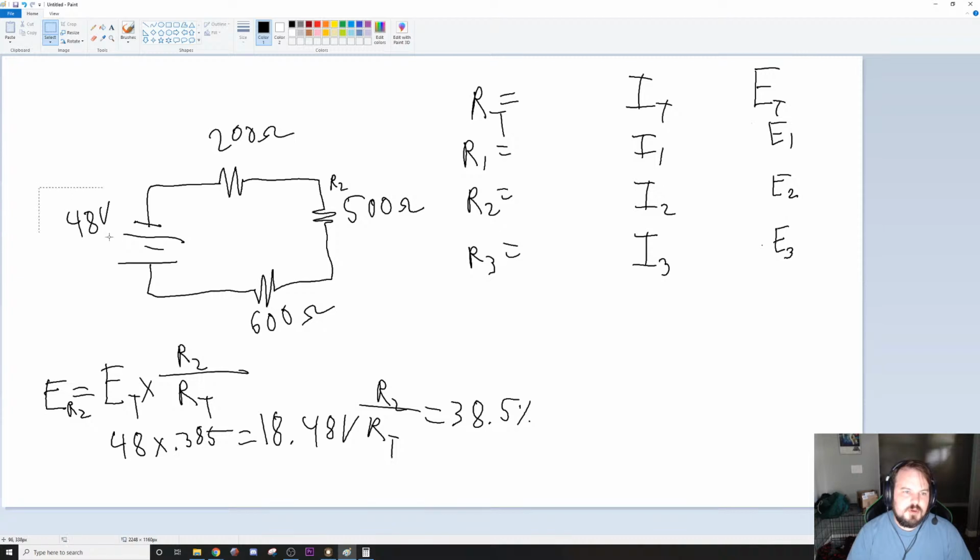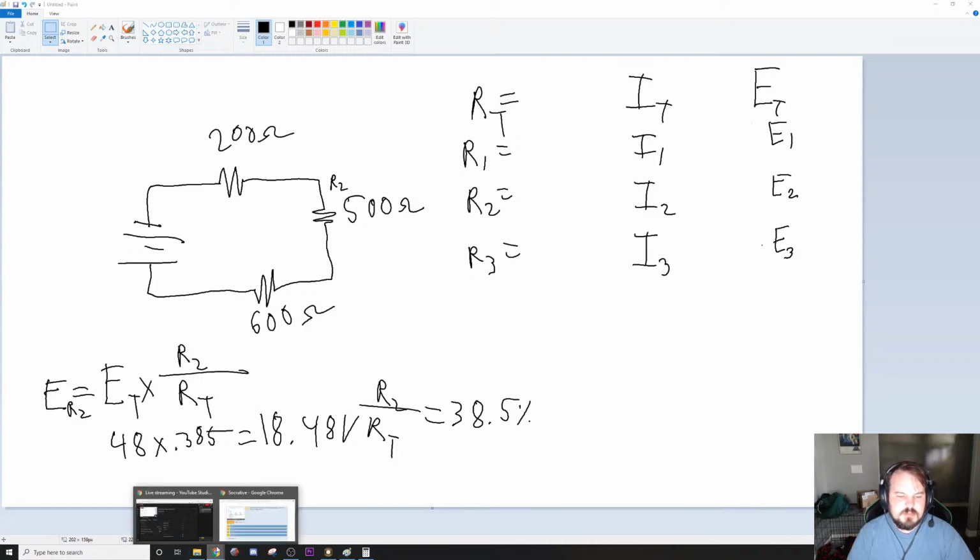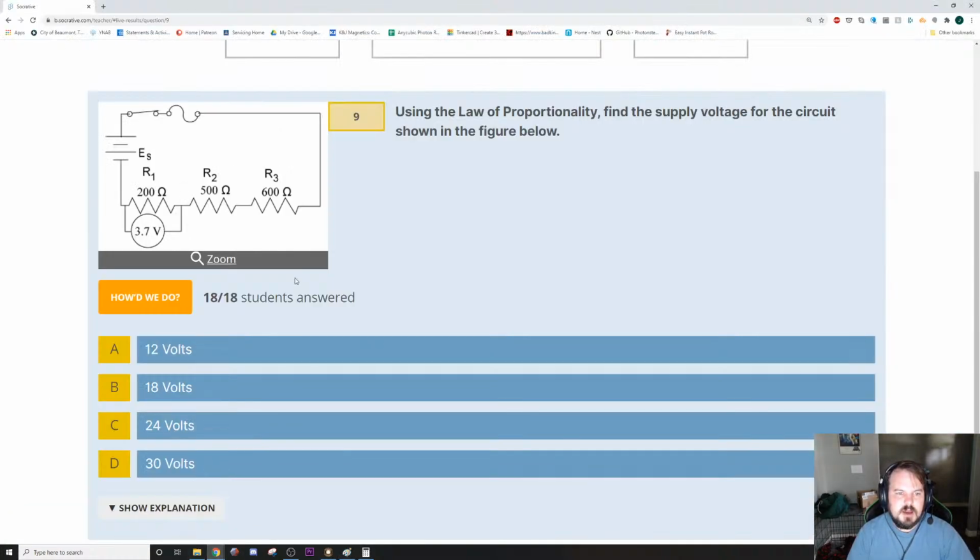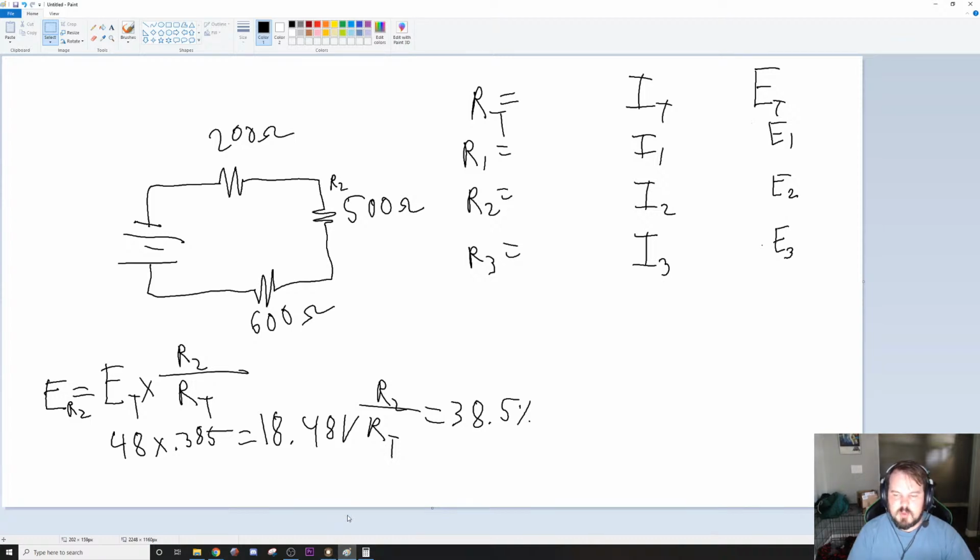We don't know the voltage, but it's still the same resistances. 3.7 volts is the number we're working with. So E1 is... 500 ohms.